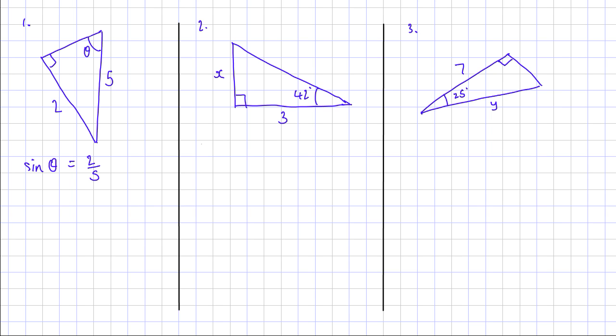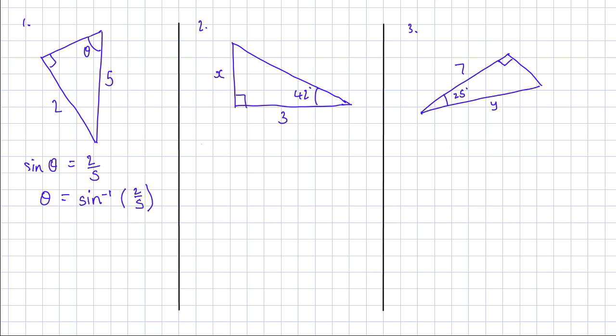Now, how do I find theta? In this type of question, when you're trying to find an angle, it's best to think of this as an operation on theta, and we need to do the opposite operation of that, so that we just have theta on this side, and we need to do it to that side as well to keep it balanced. So we're going to have theta equals the inverse of sine, and then 2 over 5.